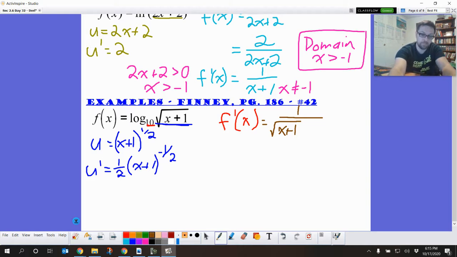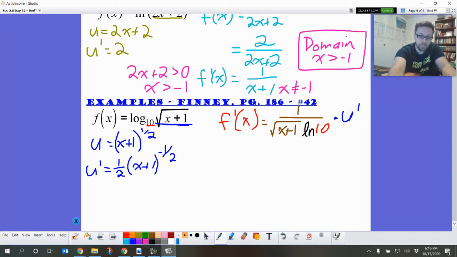Then we always have an ln right here, and it's the base of the logarithm that we started with. It was, in this case, 10. It's log base a in the example. Then we need to multiply this whole thing by u prime, the derivative of what was inside of the logarithm.